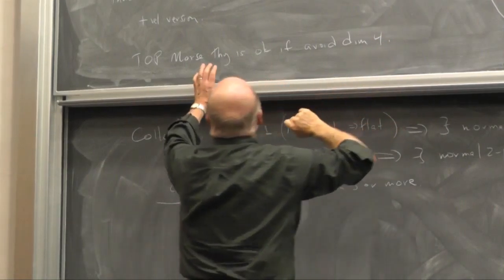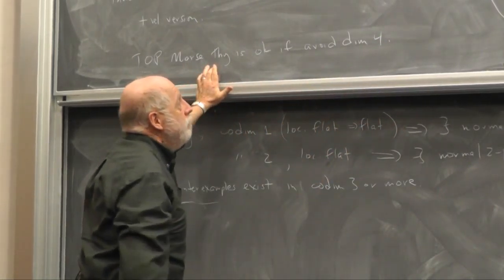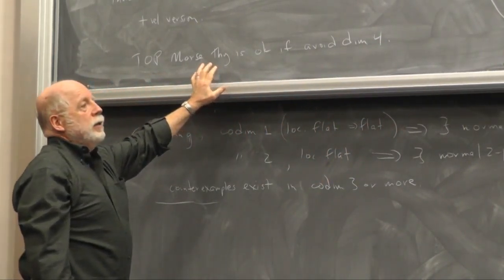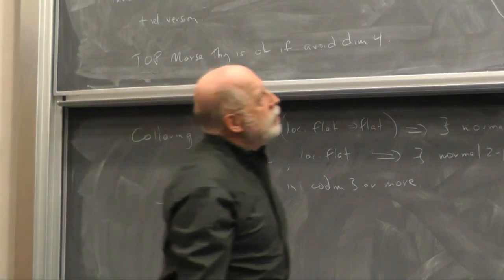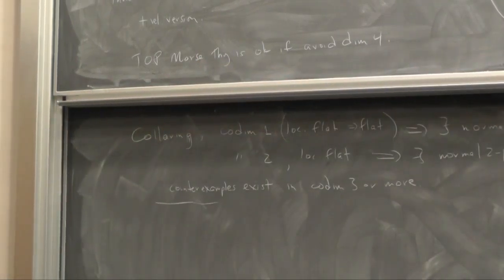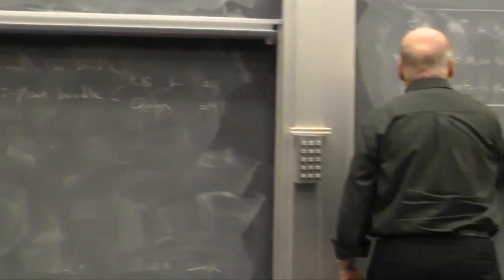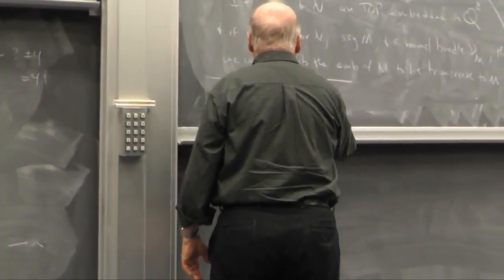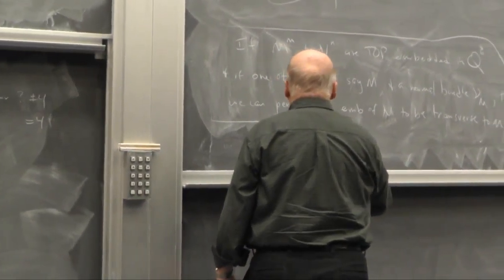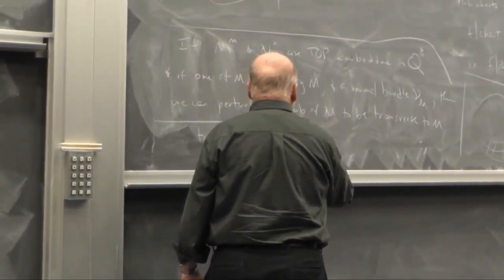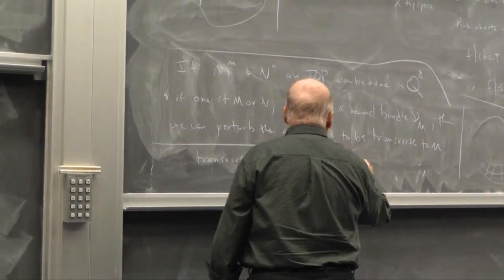Because if you had topological Morse theory, you'd have handle bodies. So, well, I should say this. Back here when we're doing transversality, the theorems I've stated, transversality works in all dimensions.